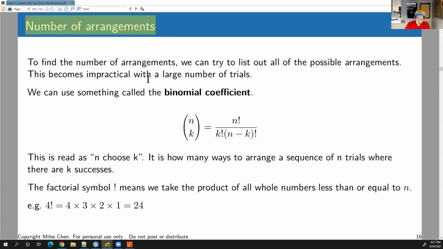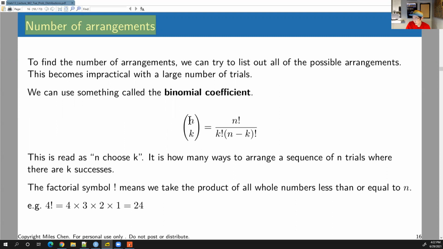I listed them out, heads, tails, tails, tails and heads, heads, tails, tails, and said there are 4 possible arrangements for 1 head out of 4 flips, or 6 possible arrangements to get 2 heads out of 4 flips. You don't actually have to write every possible combination down. There is something called the binomial coefficient, which tells us how many possible arrangements there are.